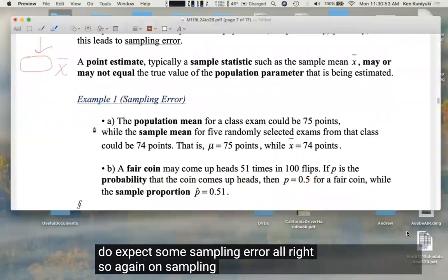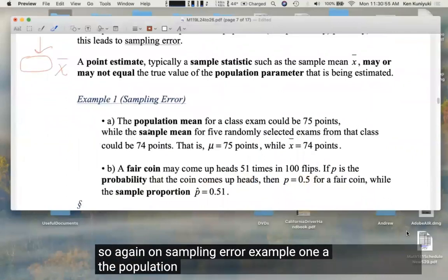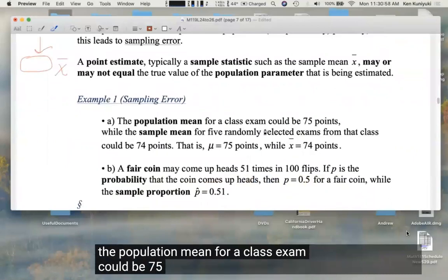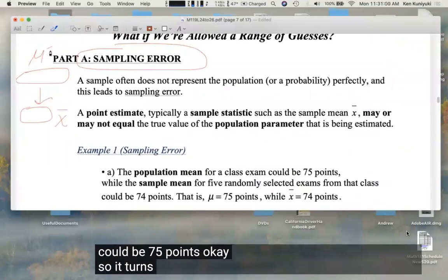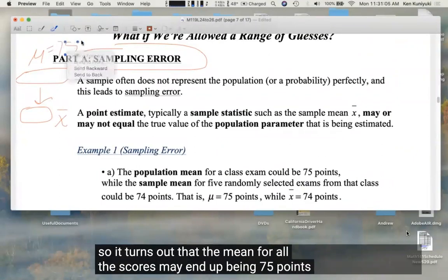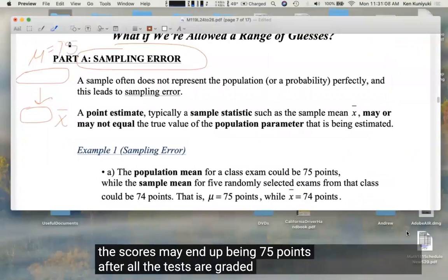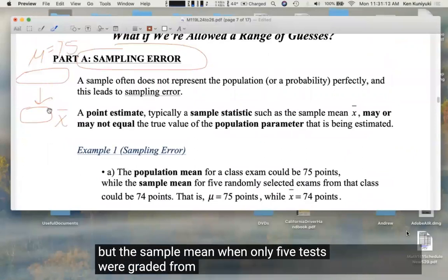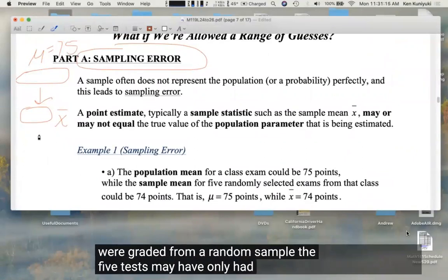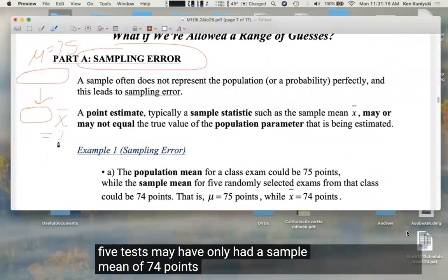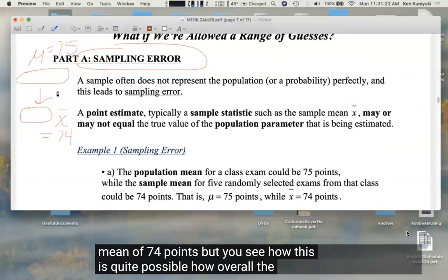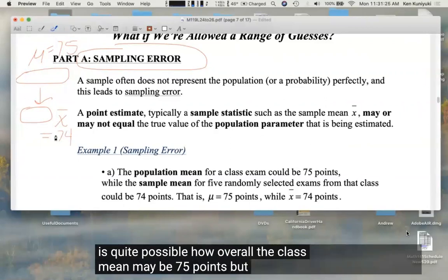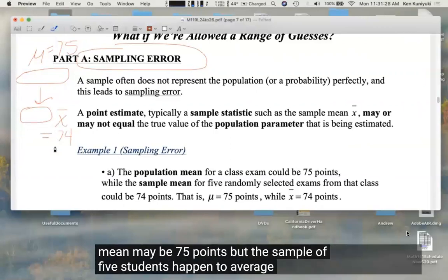So again, on sampling error, example 1, part A: the population mean for a class exam could be 75 points. It turns out that the mean for all the scores may end up being 75 points after all the tests are graded. But when only 5 tests were graded from a random sample, the sample mean may have been only 74 points. You can see how this is quite possible: overall the class mean may be 75 points, but the sample of 5 students happened to average 74 points.